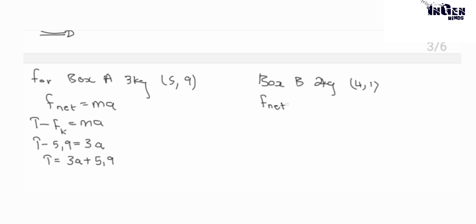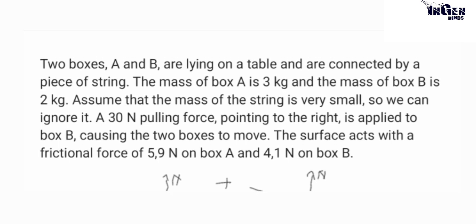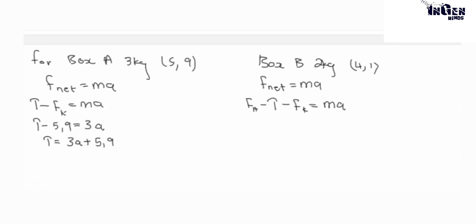F net is equal to ma, and then we're gonna have the force applied, as we know, minus the tension. As I said, it applies the negative force, and then minus the frictional force, is equal to ma. And then the force applied, what was the value? 30 Newton. We're just gonna substitute 30 minus the tension that we do not have, minus 4.1 is equivalent to 2A.